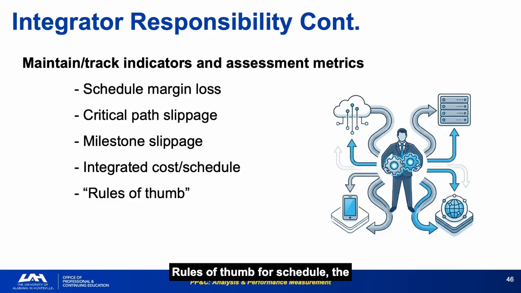Rules of thumb for schedule: the spacecraft rule, the CDR to launch delay distribution, the cost and schedule growth correlation are the reference benchmarks for all of these tracking activities. The integrator's schedule tracking dashboard should show these 5 indicators every month. Negative trends in any one of them are signals to look more deeply at the schedule.